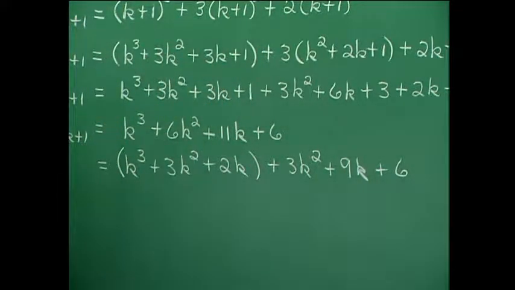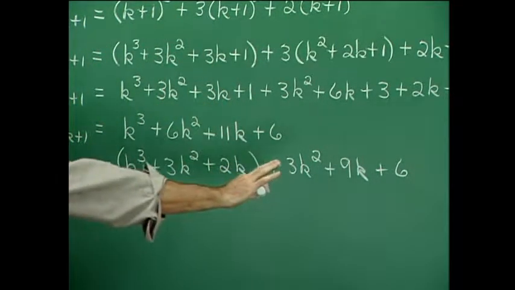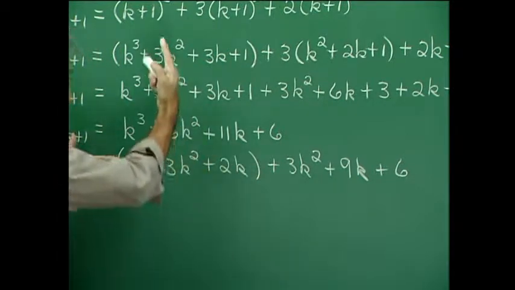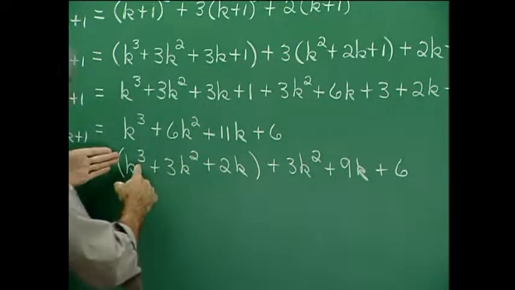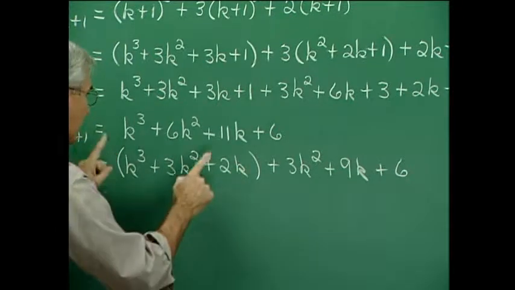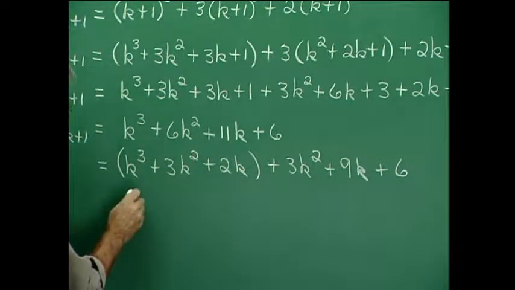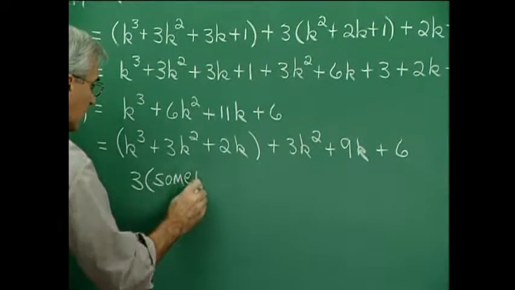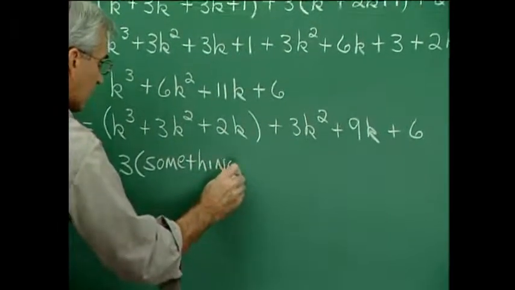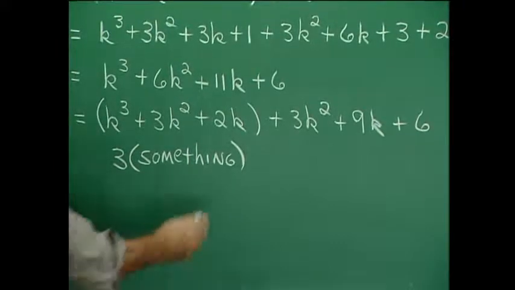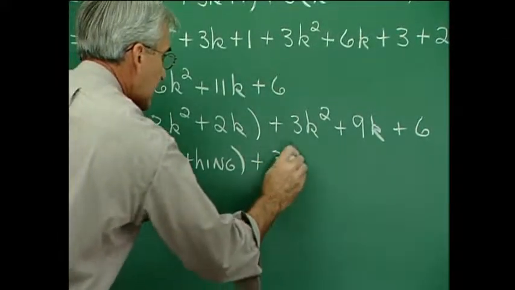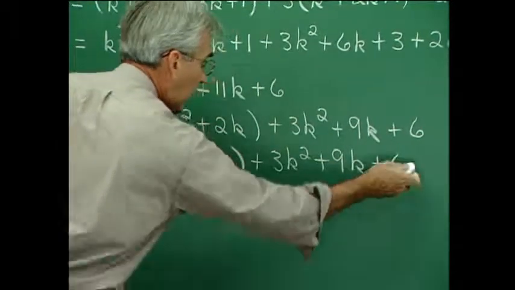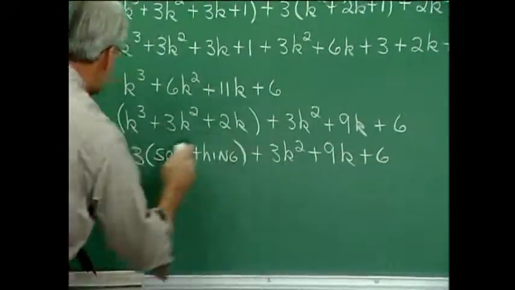All right, now, by making that separation and going with the assumption that 3 is a factor of this, which is what we assumed from above, we know that if 3 is a factor here, then we can factor this into 3 times something, if 3 is a factor of it. And now we have plus 3k squared plus 9k plus 6. Oh, I see 3 factors in all of these terms.